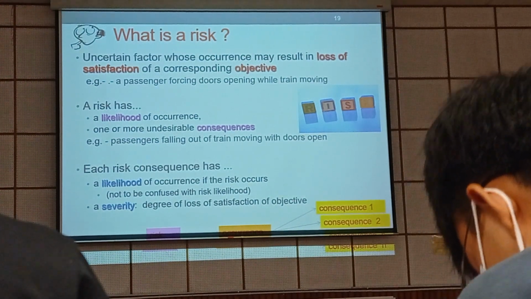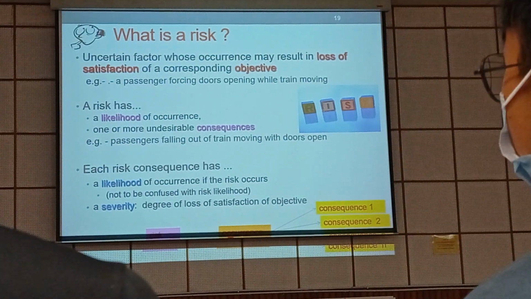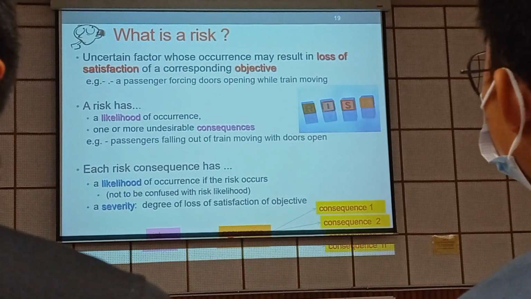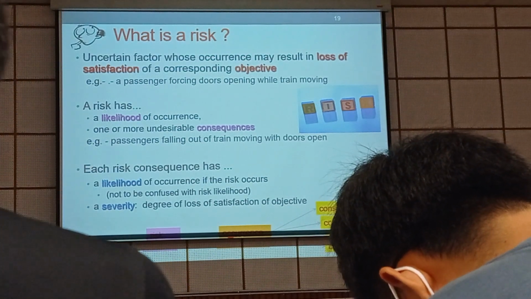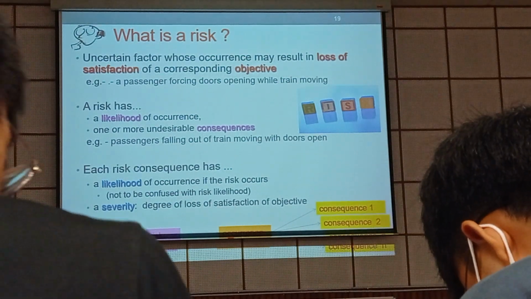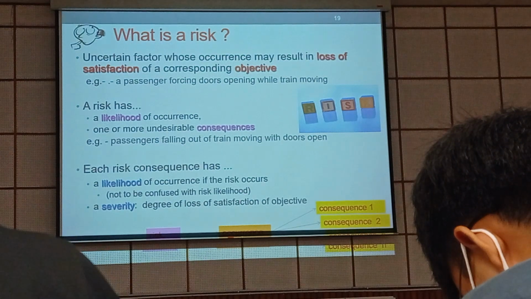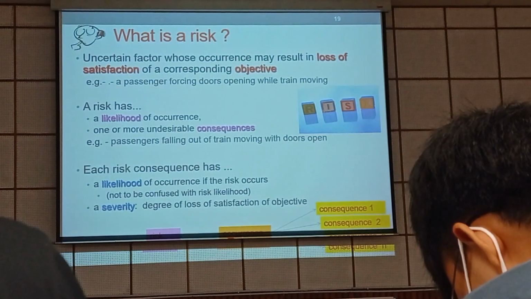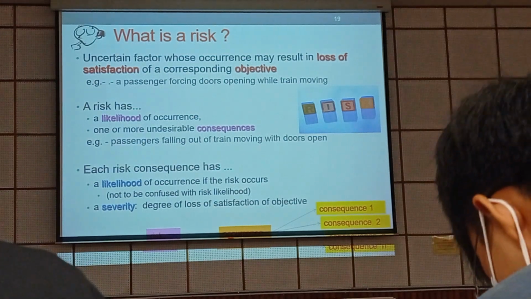Many parties will be affected, especially you guys. How are you going to do your ITP? How are you going to do your final year project? Then how can you graduate on time? All this will be affected. So any project, MCO for our government likelihood is very low, but the consequences are very high. So every risk, you need to identify these two to calculate the risk exposure.